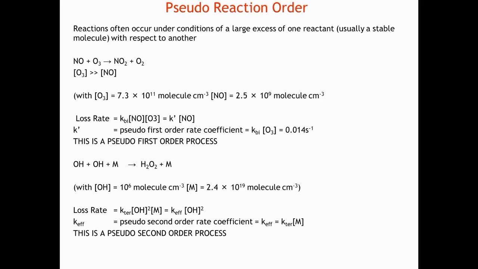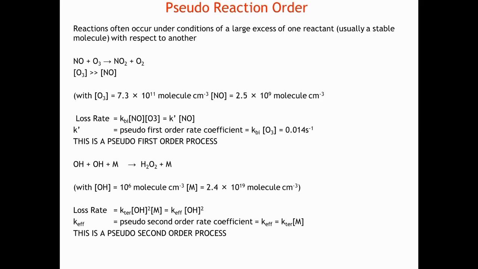So what's 1 ppm, 1 part per million? Two and a half times 10 to the 13. What's 1 part per billion? 2.5 times 10 to the 10. What's part per trillion? 2.5 times 10 to the 7.